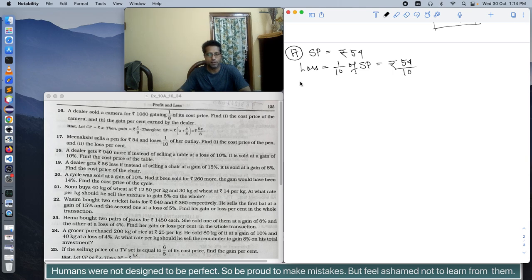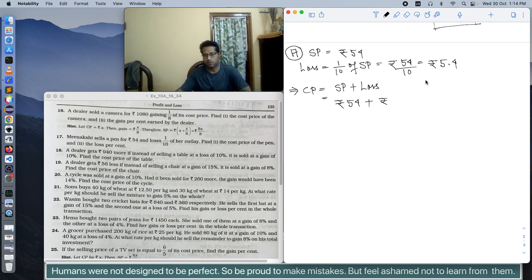It is asking to find the cost price of the pen. So this implies, since there is a loss, cost price has to be SP plus loss. This is equal to SP, rupees 54, and the loss is rupees 54 by 10, which is rupees 5.4.